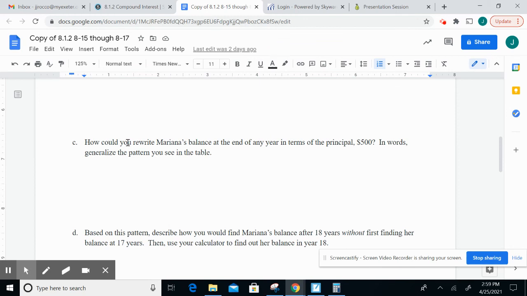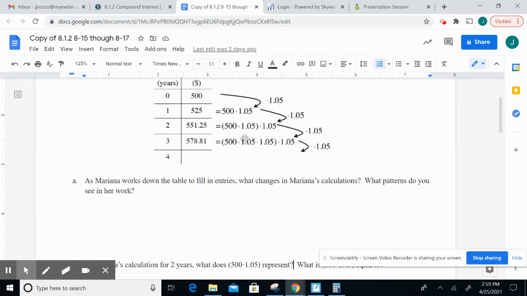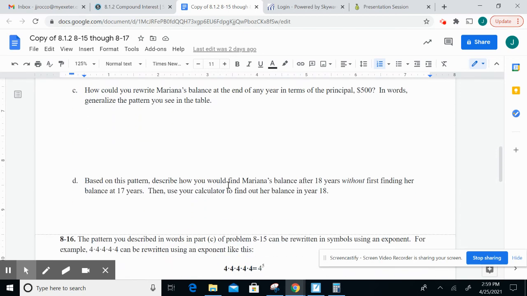So for C, how could we rewrite it? We could use an exponent. Every step has 500 times 1.05. It all depends on how many 1.05s we're going to multiply by. We're going to do that every year. So over 20 years, we would have 20 1.05s to multiply by. Okay.